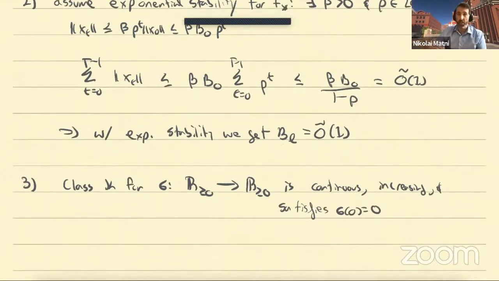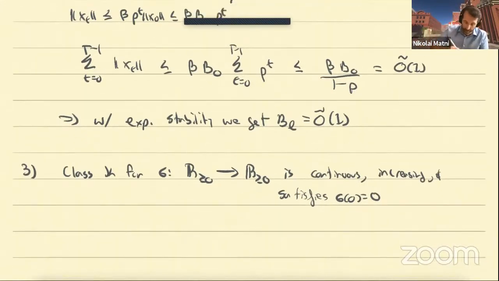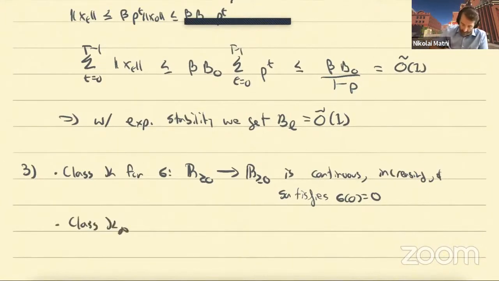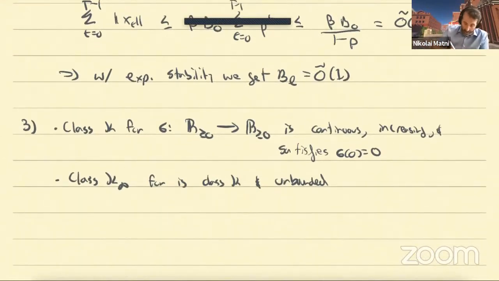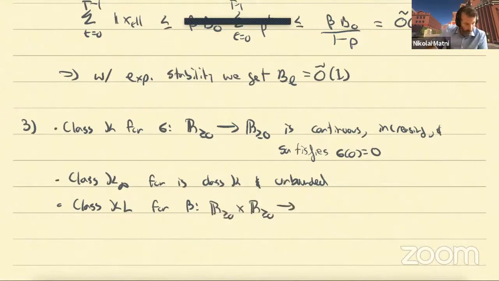So if you've taken a nonlinear control class, if you work through Khalil or something, these are the standard definitions that he introduces. A class K infinity function is class K and unbounded. Right, so as the argument goes to infinity, so does the output of the function. And then finally, we need a class KL function, beta, which maps two positive numbers to a positive number.